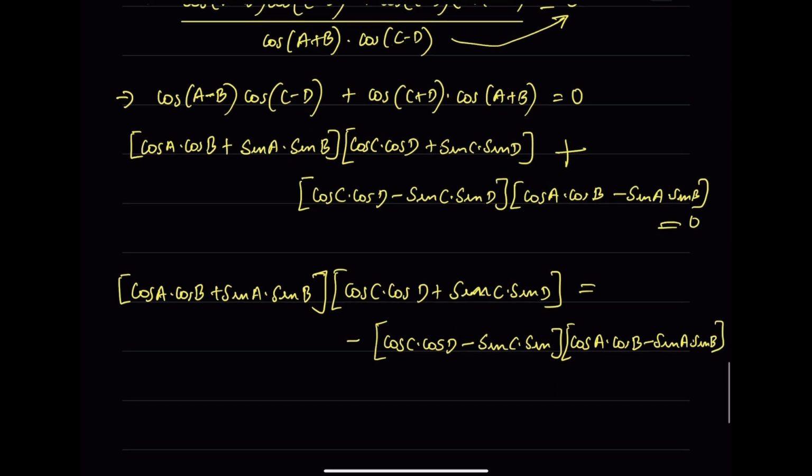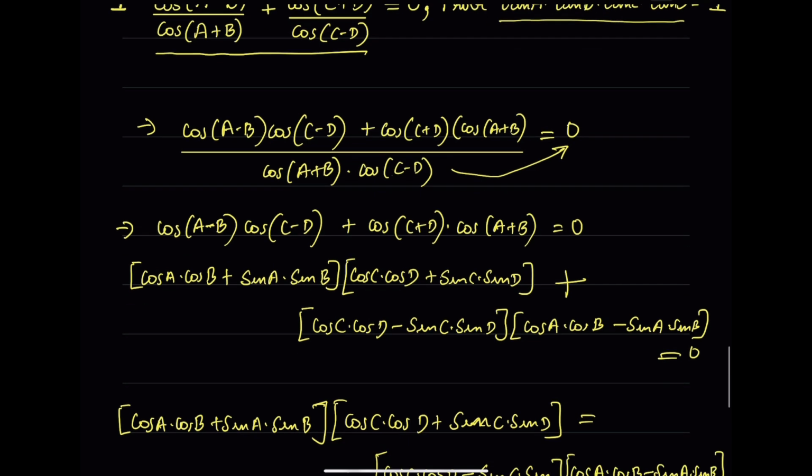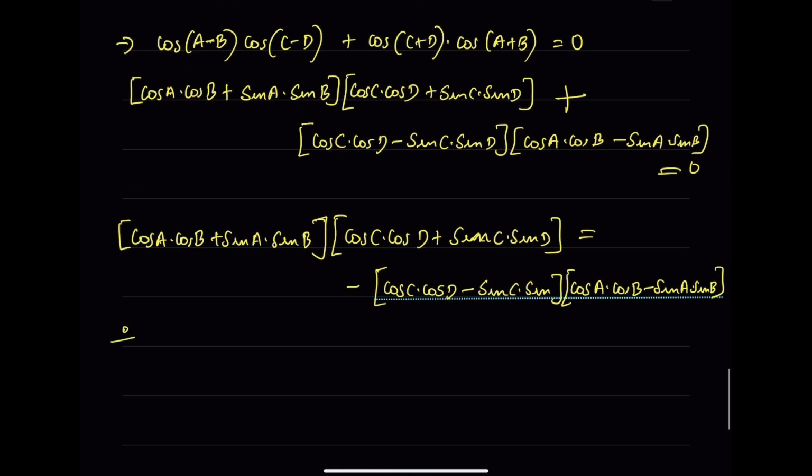Now in the required proof, we need all the values to be in the format of tan. So to get tan, let us divide both the sides by cos A cos B cos C and cos D. So when we divide both the sides, let's consider the first part of the equation now.